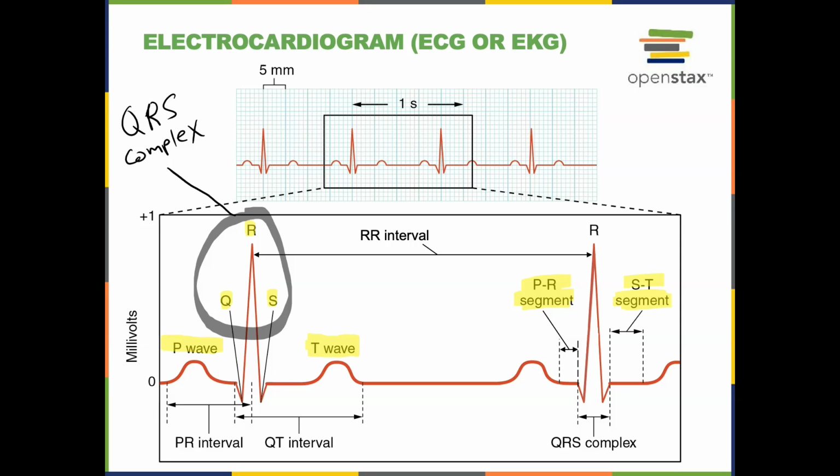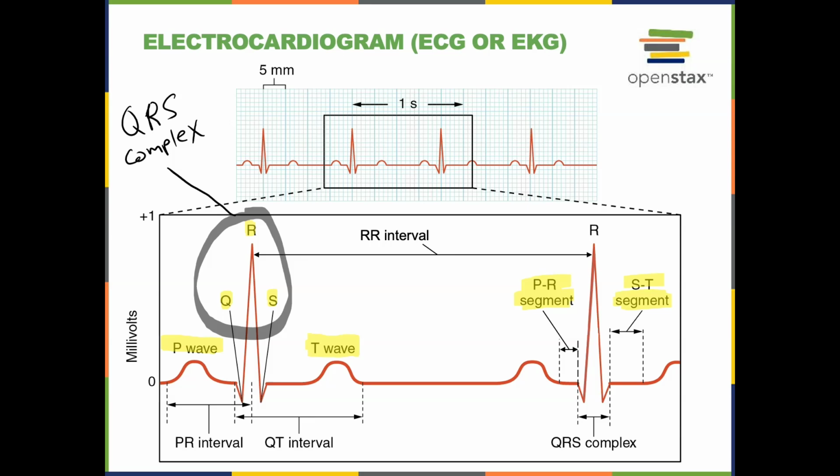The ST segment corresponds to the time between completion of ventricular depolarization and the beginning of ventricular repolarization. During this S to T segment, the contractile cells in the ventricles are in the plateau phase of the action potential.